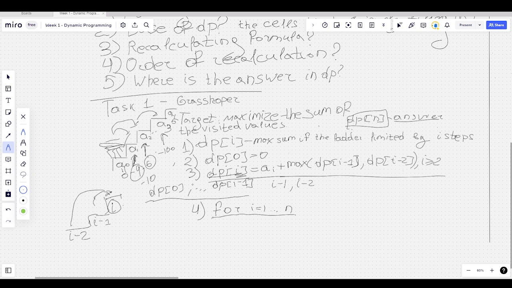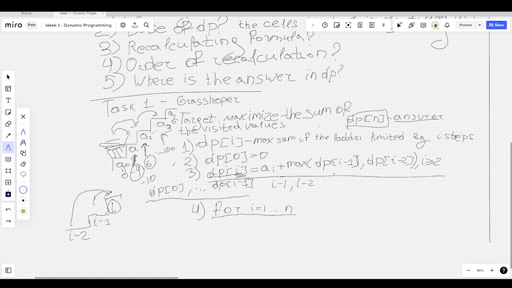Okay, third is the calculation formula. Suppose that our grasshopper is located on step e. It means it takes the number a_e and adds it to the sum that he took.